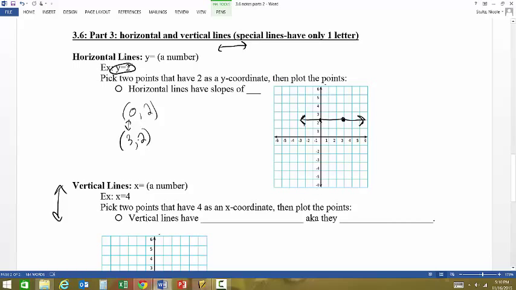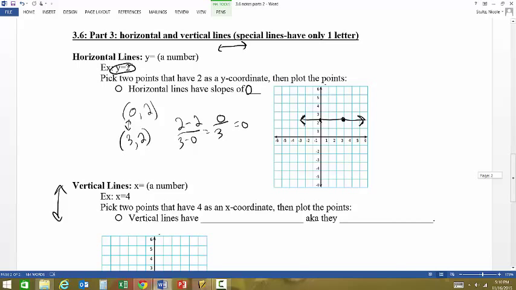Now if I went to find the slope of these using the slope formula, I would do 2 minus 2 over 3 minus 0, and I'm going to get 0 over something. In this case, it'd be 3. Well, 0 divided by anything is always 0. So the slope of this line is 0. And that seems to make sense because it's not going up and it's not going down. So it's just staying the same. So there's no change, it's just 0.